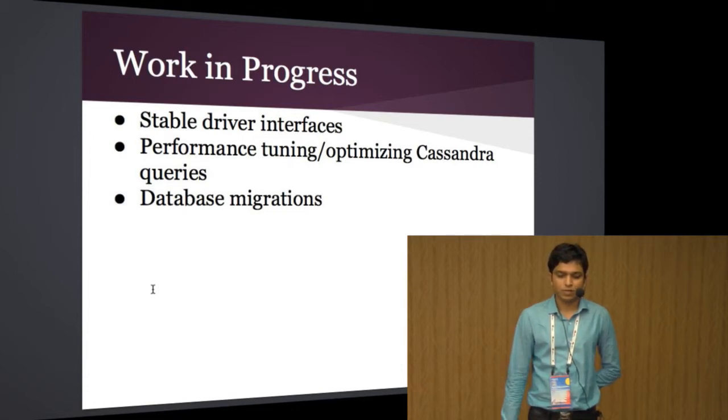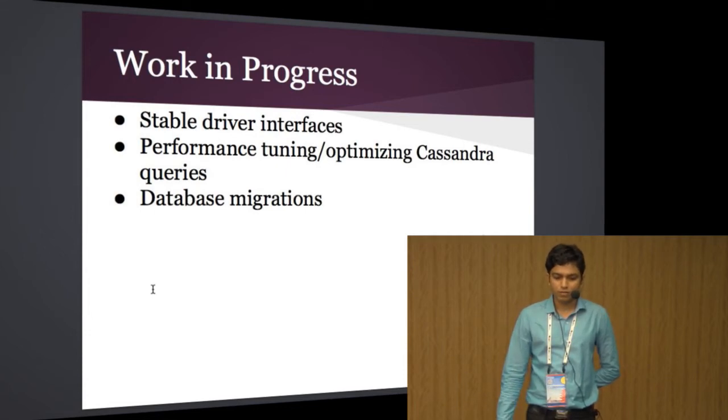So just little changes there. And database migrations, we don't have a tool chain around that. Since we are using Cassandra as ORM, and OpenStack currently has support for only a migration toolchain for SQLAlchemy, that part is also yet to be done.